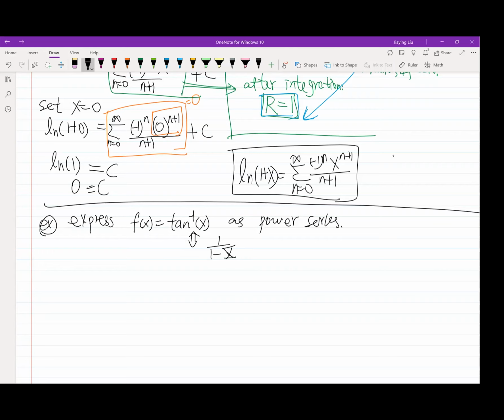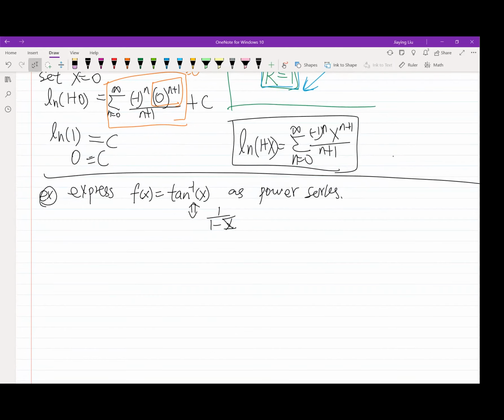Not easy, probably impossible. But there's a fact that we can use. So hint, use the fact that d dx of inverse tangent of x is 1 over 1 plus x squared. That's what we're going to use.